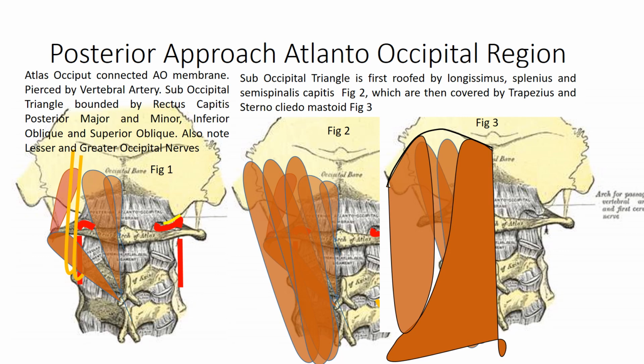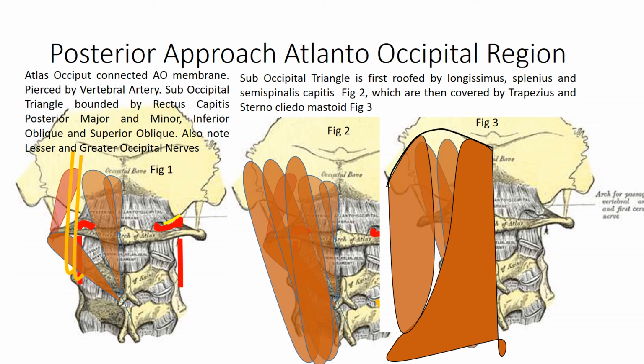Then from the spine of the axis to the transverse process of the atlas, you have the inferior oblique, and from the transverse process of the atlas to the suboccipital region, you have the superior oblique. So this is the suboccipital triangle. Then you have the lesser and greater occipital nerves winding around the inferior oblique and going into the region of the scalp.